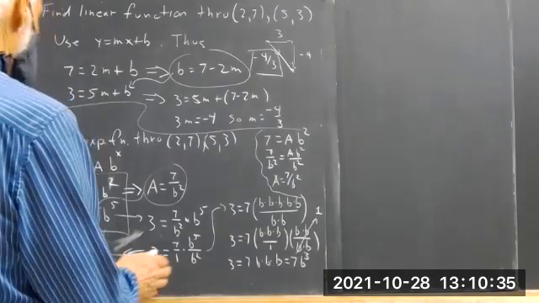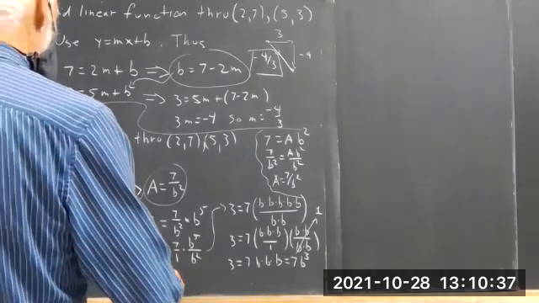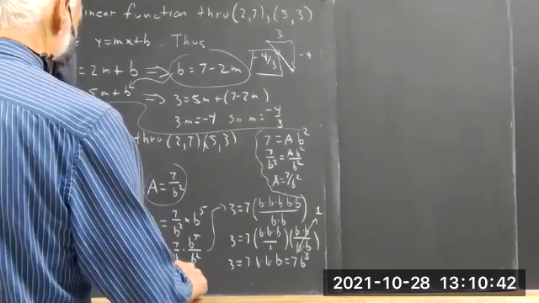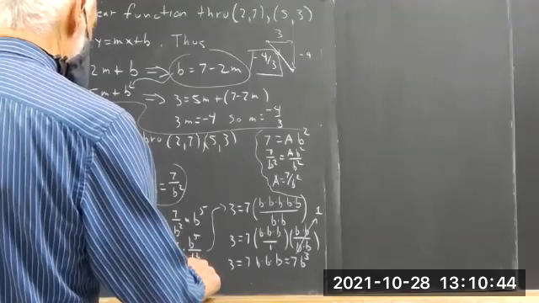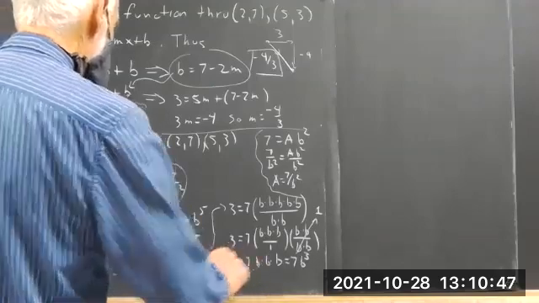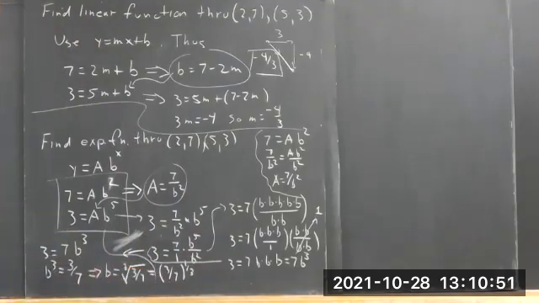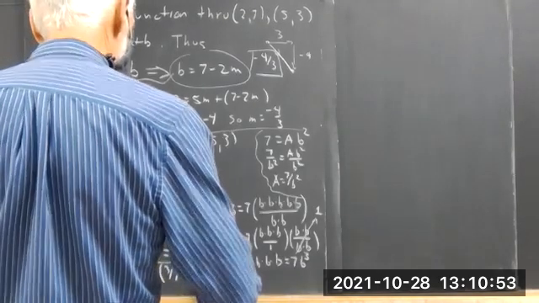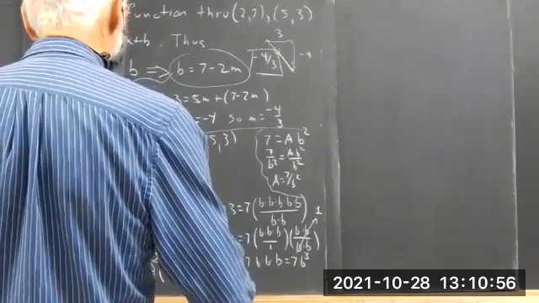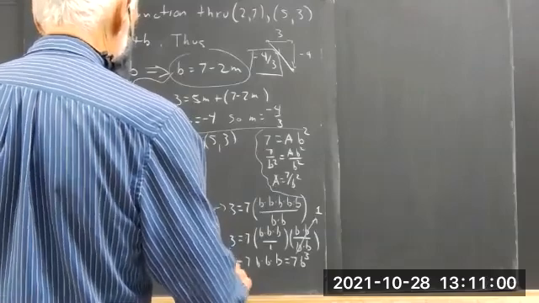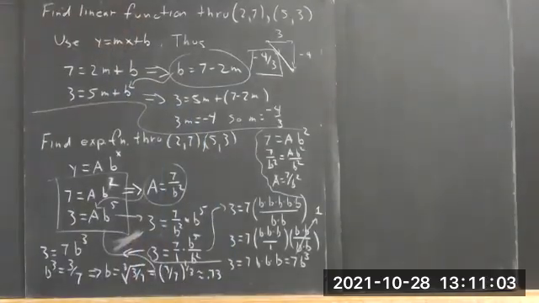Actually, on your calculator, you probably want to write this as 3/7 to the 1/3 power, because the cube root is the 1/3 power. And this is approximately, I'm going to say 0.72 or 73. Yeah, that's probably pretty close.